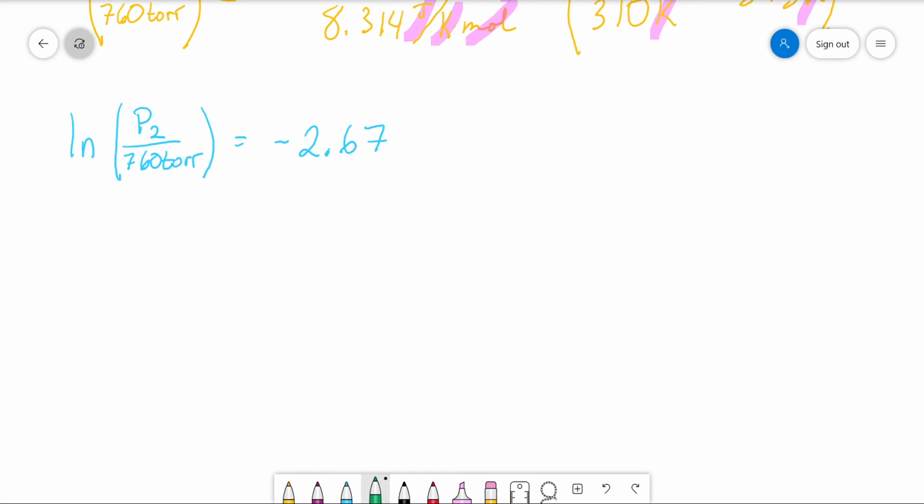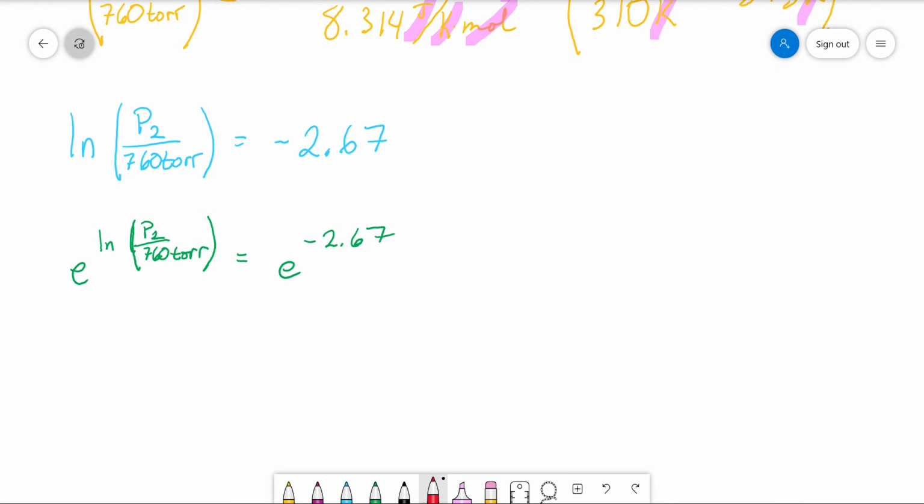So now, if we want to get rid of that natural log, what's the opposite of natural log? Well, the e. So if we do e to the ln P2 over 760 torr, that is equal to e to the negative 2.67.